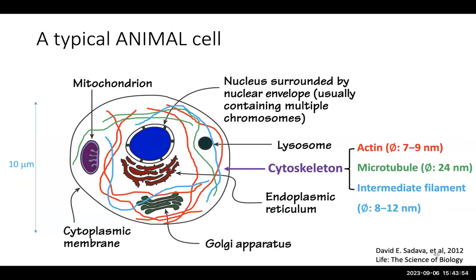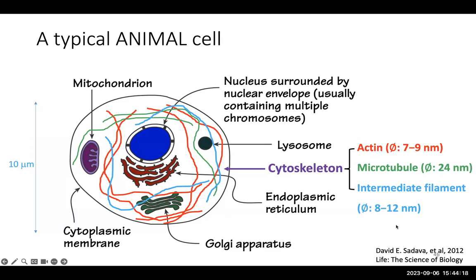Okay, those monomers also have different mechanical properties. So the overall filament's mechanical property is determined by the material itself, 3 distinct materials, and the geometry, 3 different sizes here. Okay, excellent question.